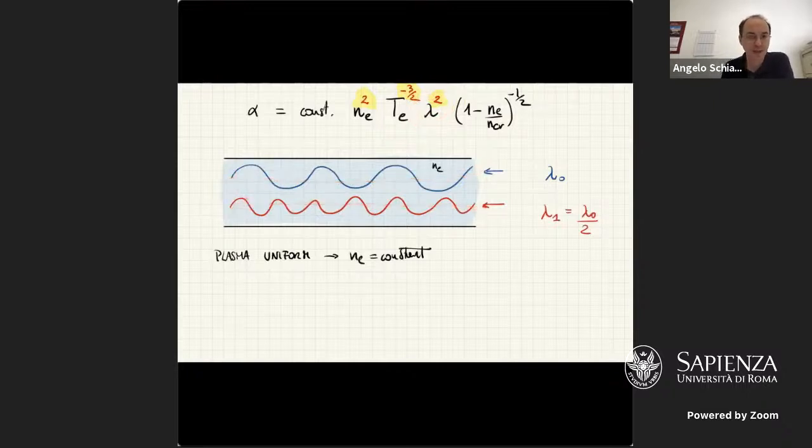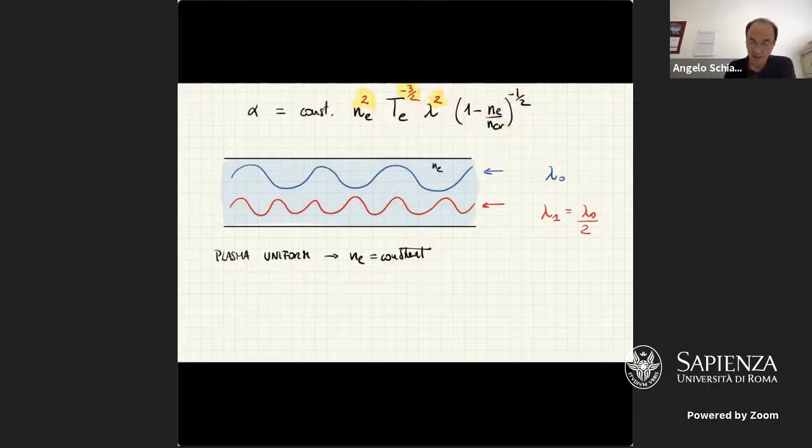Which is going to be absorbed most in the plasma? We see that these two terms are constant in this case. These are the plasma properties. Then inside here, there's a small dependence on the wavelength of the laser, but since it goes at the denominator under a square root, we can neglect it for the time being. So the main scaling law is with lambda squared.